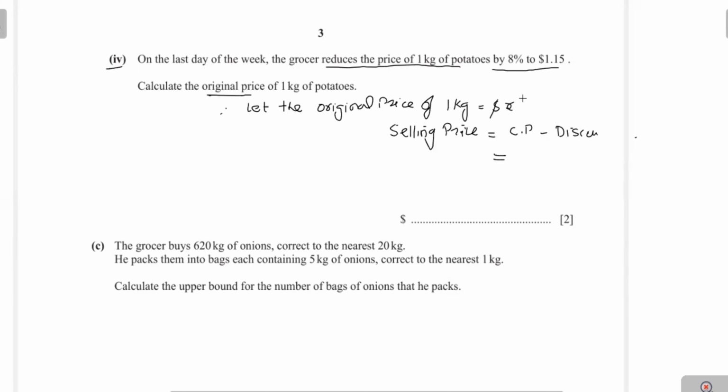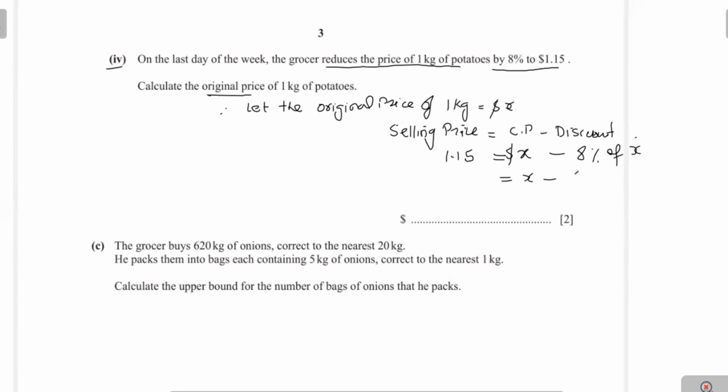The selling price becomes $1.15. The cost price here is X dollar minus discount, which is 8% of the original price, that is X.